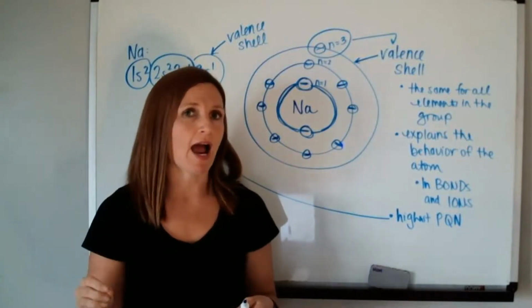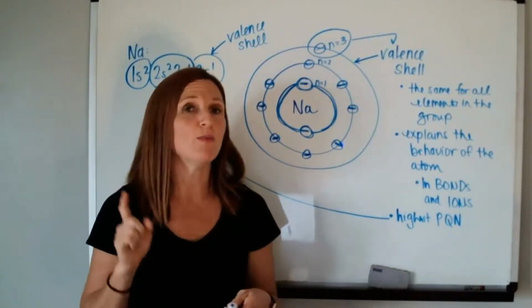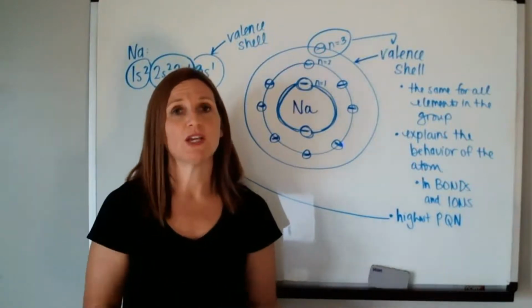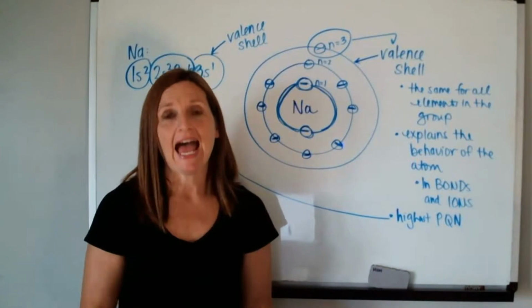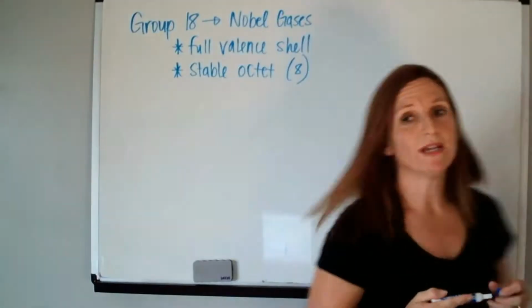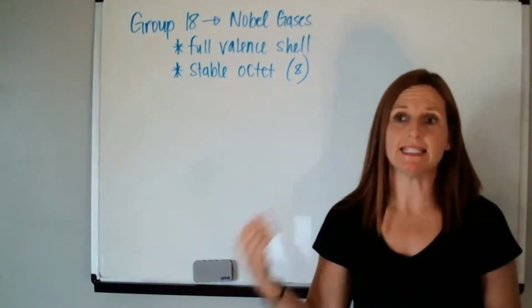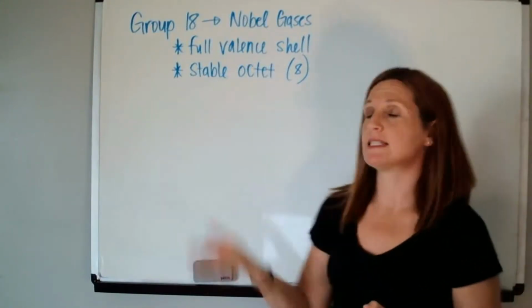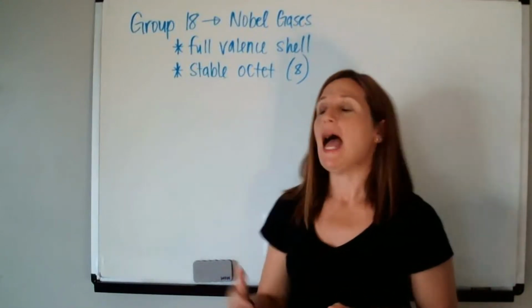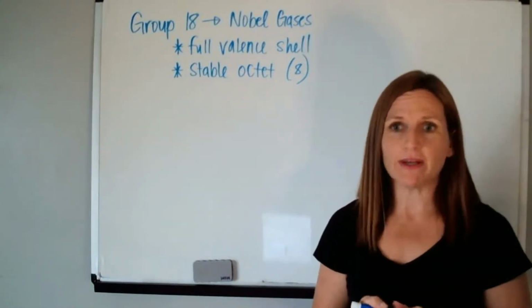That's what atoms are after, and that's what the noble gases have. So everything in group 18 has a full valence shell. So we say that elements in group 18, the noble gases, have a full valence shell. They have a stable octet, and this makes them very unreactive.